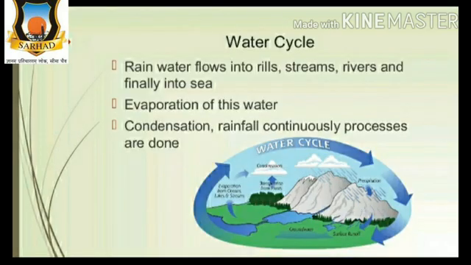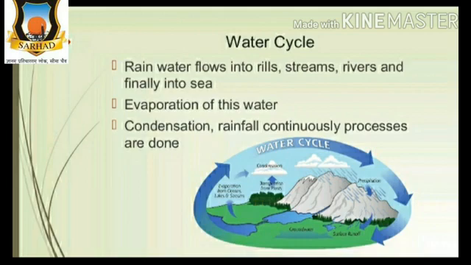This rainwater flows into rills, streams, rivers, and finally into the sea. Ice in the snow-covered regions also melts due to the heat of the sun to finally flow into rivers. These processes of evaporation, condensation, and rainfall go on in a continuous cycle.